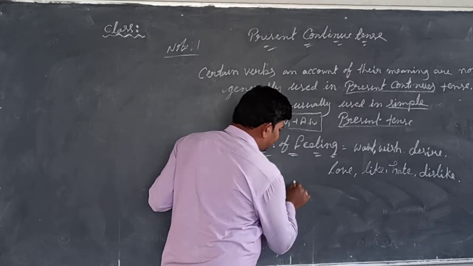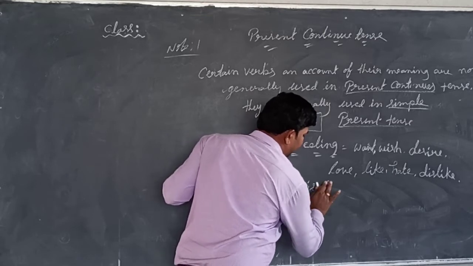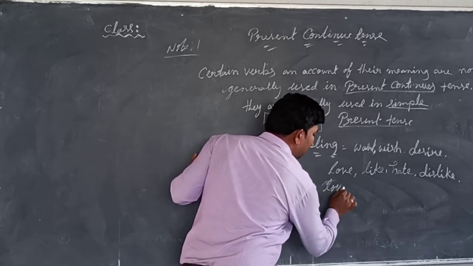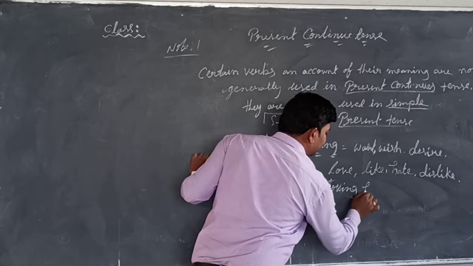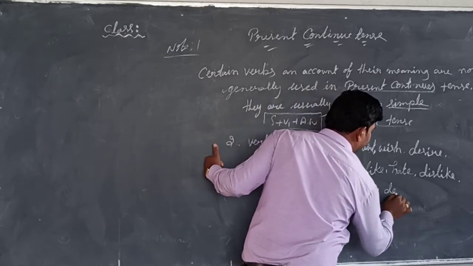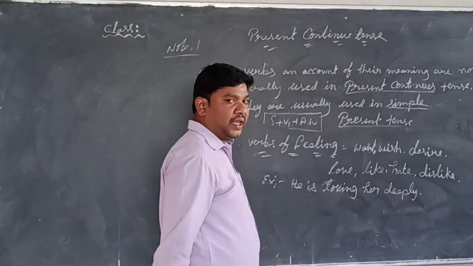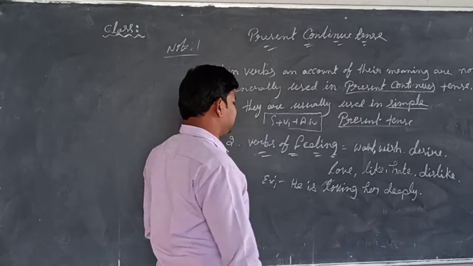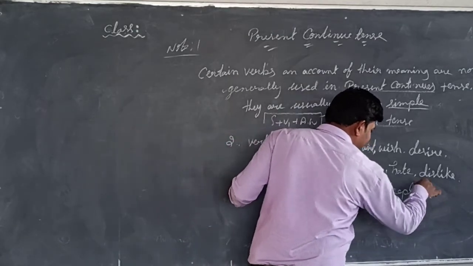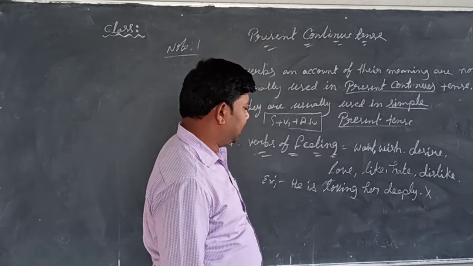He is loving her deeply. This is the wrong sentence. Why?